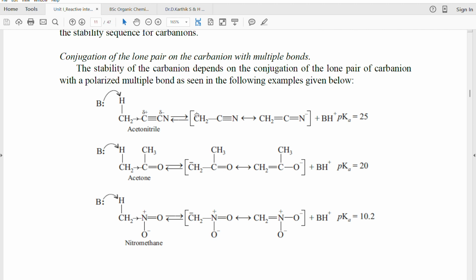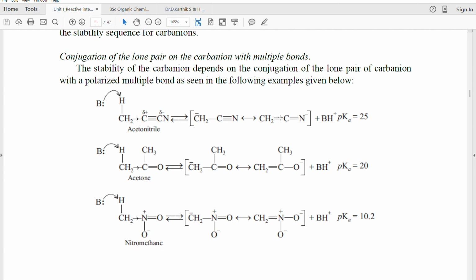Once the carbanion is formed, this is the most electron rich center, so it will try to give electrons to the adjacent group. Particularly if we have an electron withdrawing group, definitely it will give to the nearby electron withdrawing group. So this minus charge will be transferred to this nearby triple bond group.